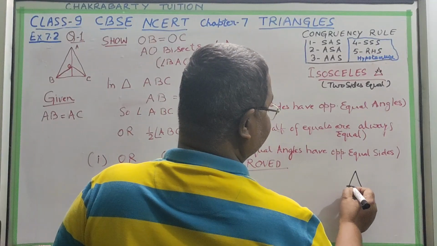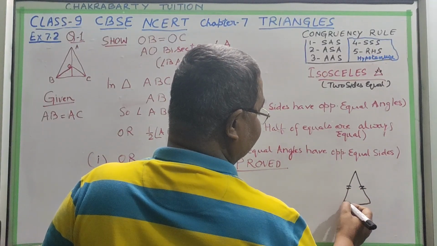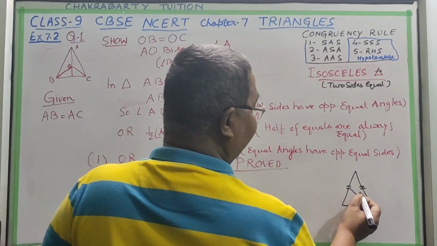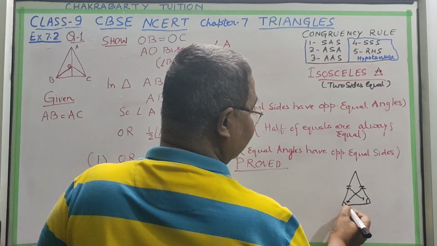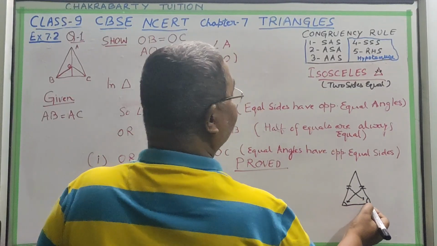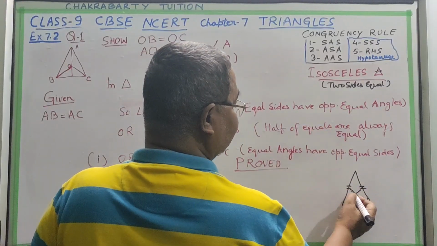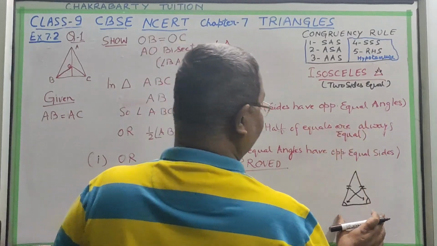And in isosceles triangles, one property is there: if this line and this line are equal, then the opposite angles, this angle and this angle, will also be equal. Equal sides have opposite equal angles. That is one thing.